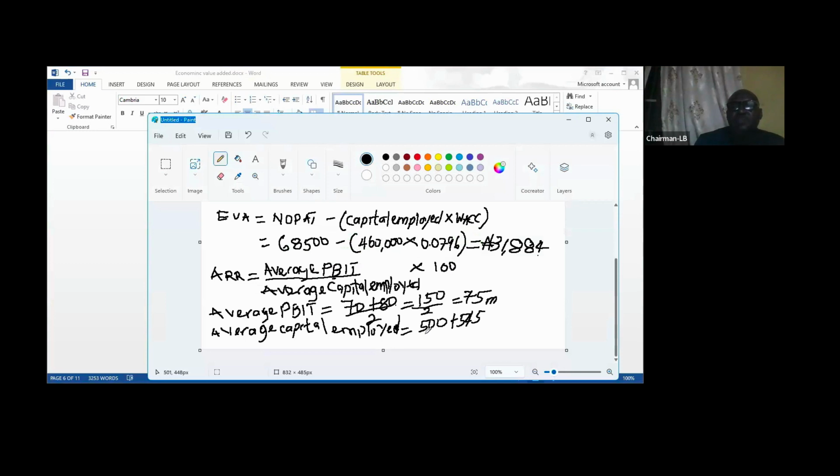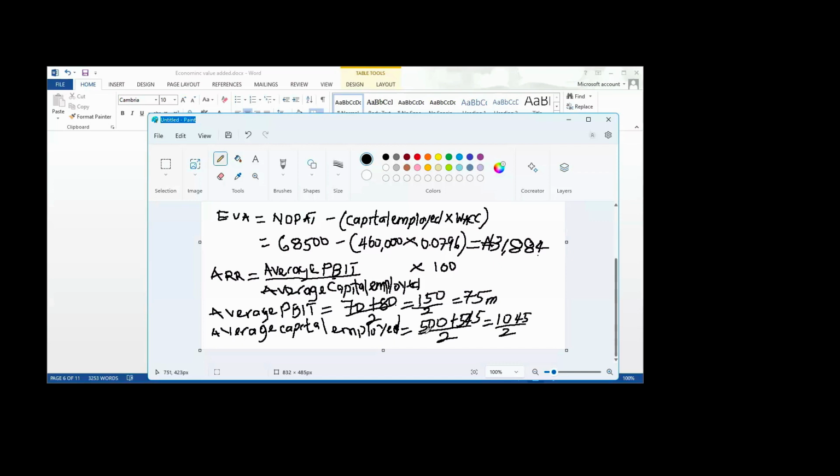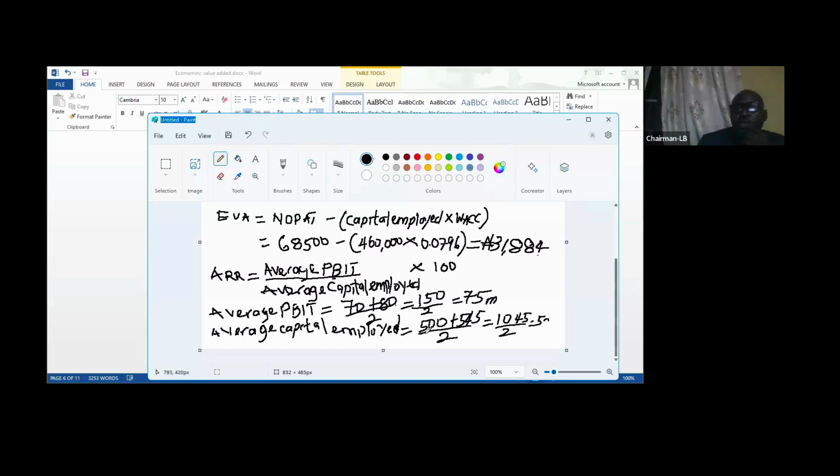I will now divide it by 2. Please work this out. That will give me 1045, divided by 2. What do you have? 522.5.